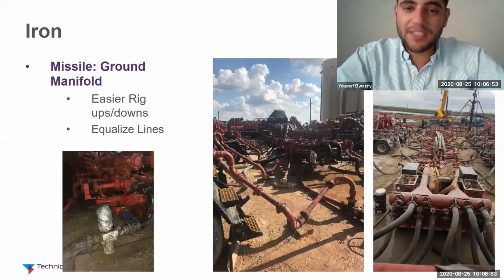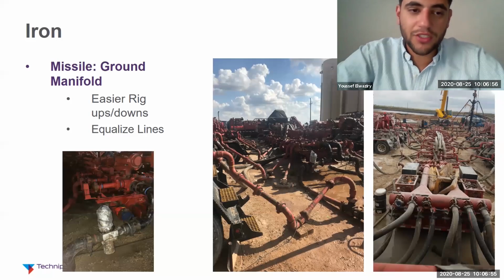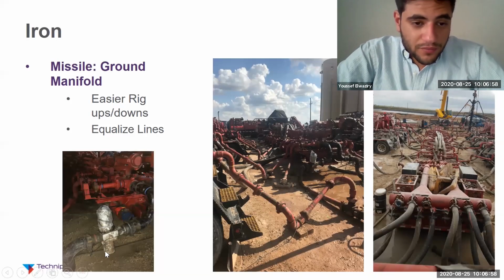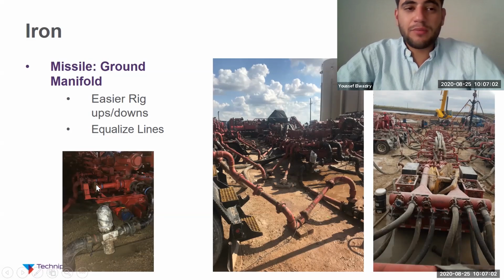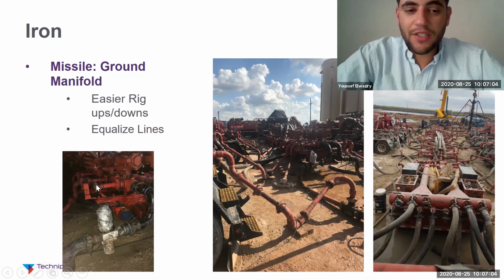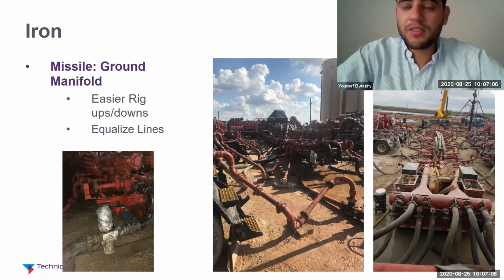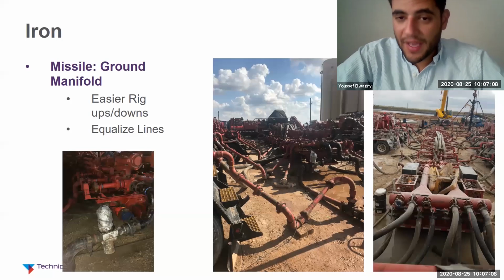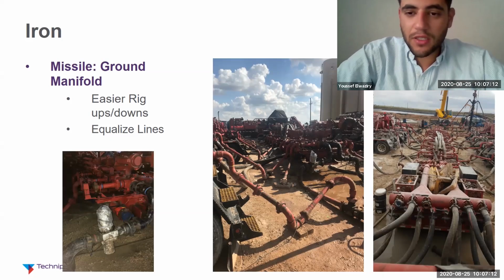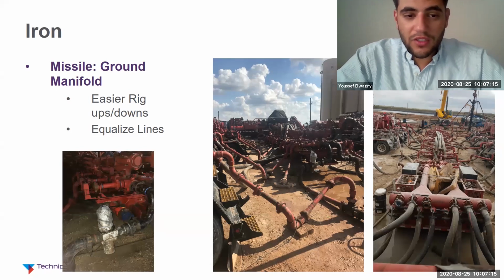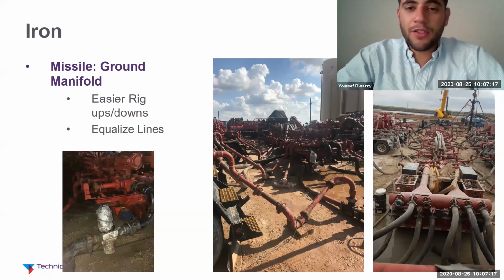Rig down is dismantle everything and get ready to leave location. Also on the missile, we see this densiometer. This densiometer basically gives us the density of our fluid. For example, if we pump acid, we'll see that the density is going to go up. If we use more sand, the density is going to go up, and so on. There's also another densiometer by the blender, but we'll get to that later.